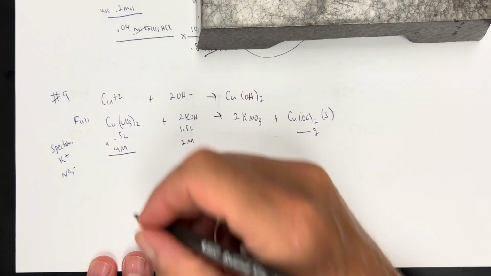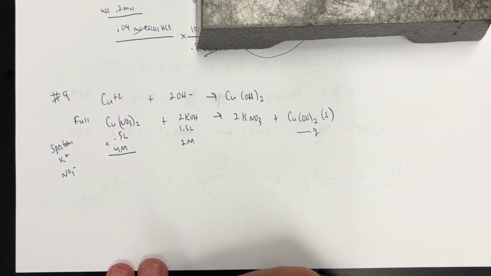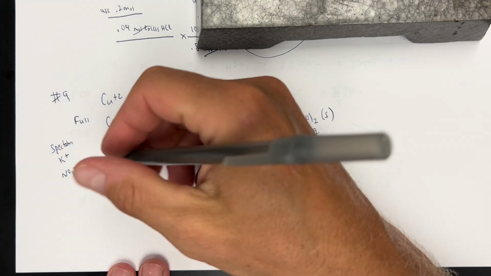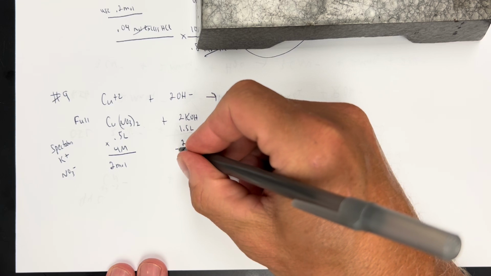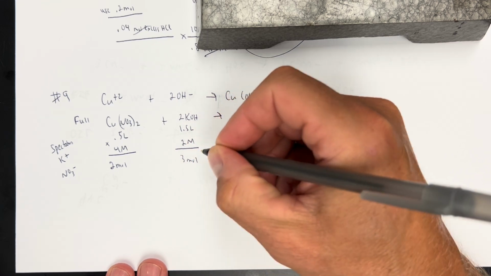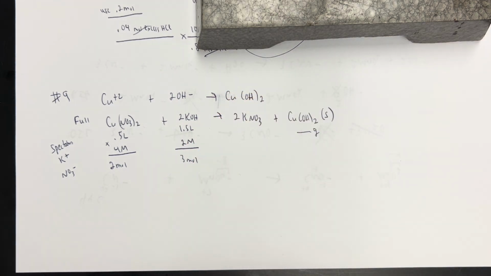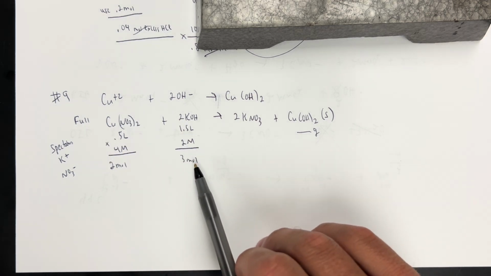If we multiply molarity times liters, that gives us moles. So we have 2 moles of this and 3 moles of that. Our ratio is 1 to 2, so this needs to be double that.